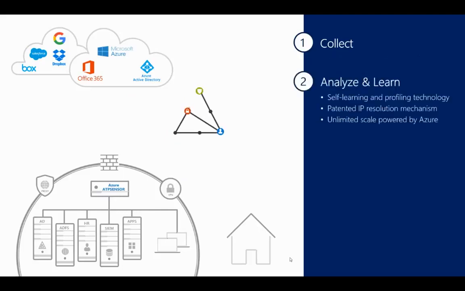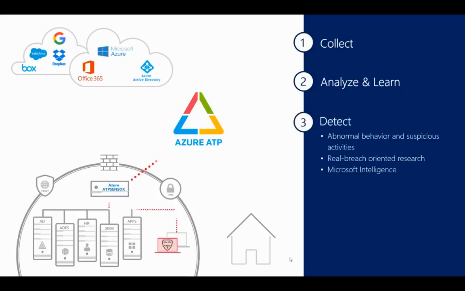It will also analyze and learn how the user is behaving, or I would say a learning pattern, where it has an unlimited scale of version, where it tries to analyze how the user is accessing their data, and there might be a chance of illusion or leakage somewhere. So it also detects abnormal behavior of activities, where a user might have a chance to hit some download which is not suitable for your organization.